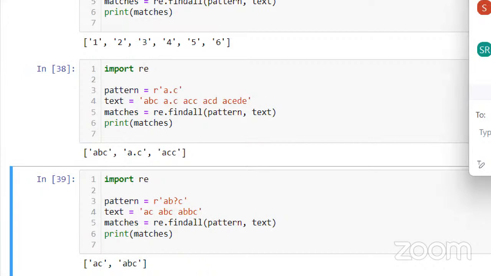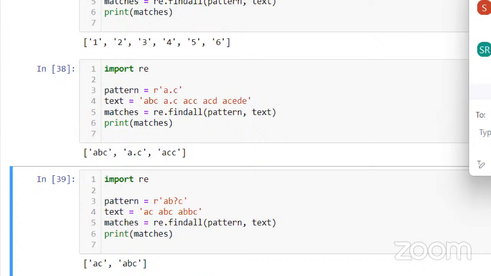Sir, because question mark stands for 0 or 1 occurrence. So in AC there is 0 occurrence and in ABC 1 occurrence. So either there is no B or at most one B. Very good. Thank you, Dheeraj.